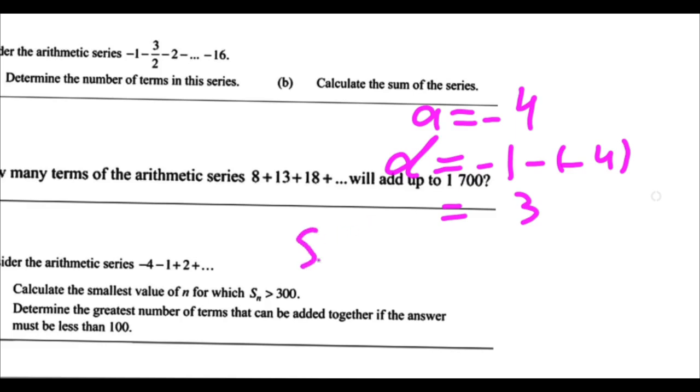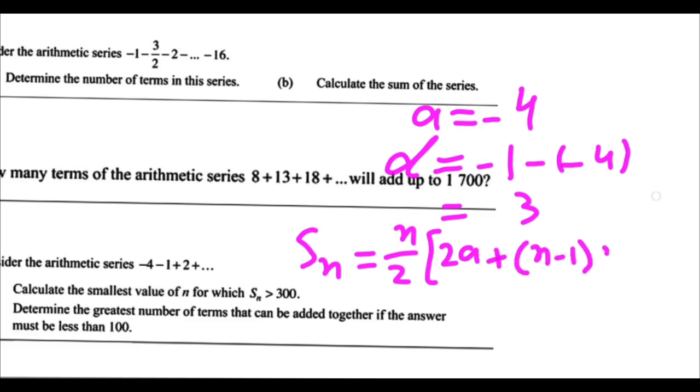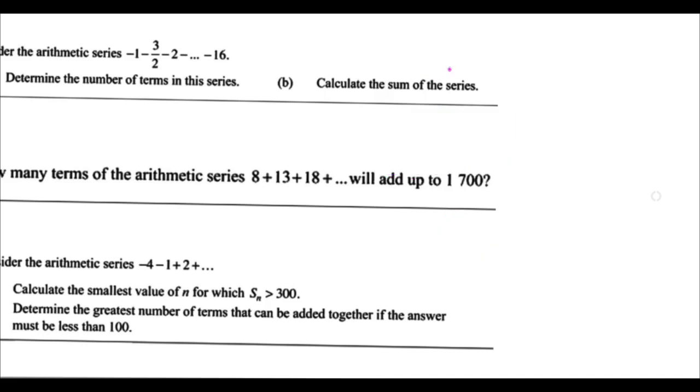So the Sn formula we're going to use n over 2, big bracket 2a plus parentheses n minus 1, d big bracket close. I'm going to substitute all these values into this formula. So remember, he says Sn must be greater than 300.